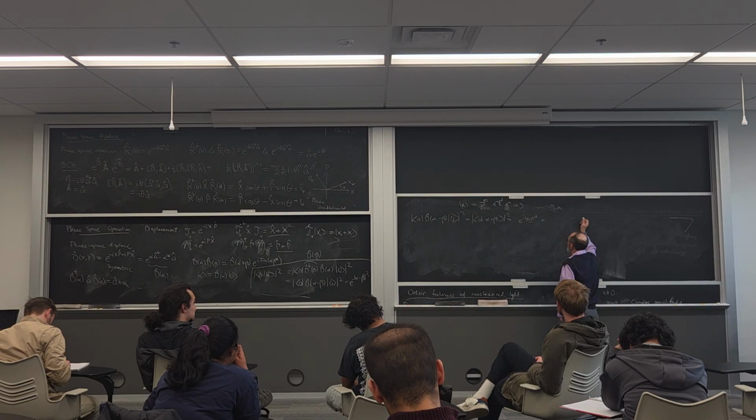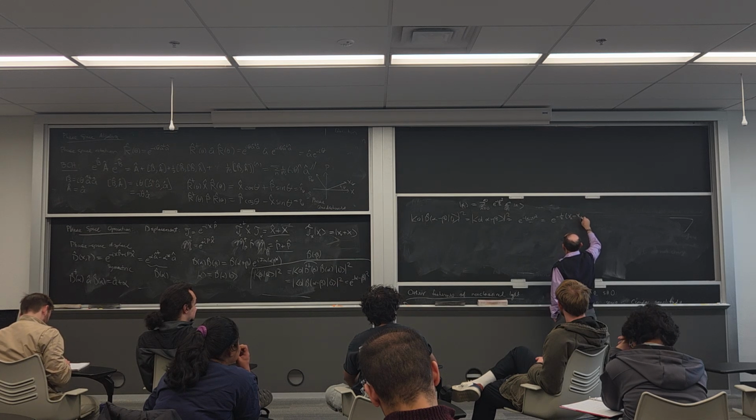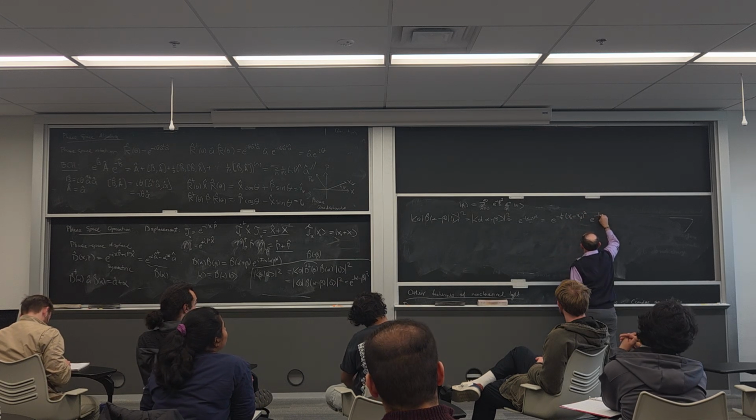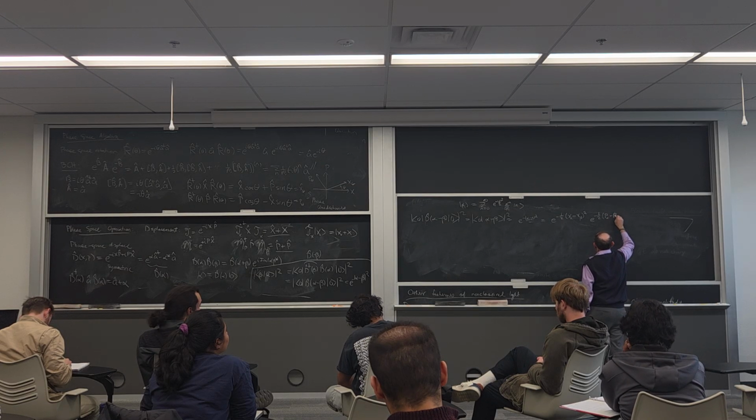which is equal to e to the minus a half the difference in the x and the difference in the p.